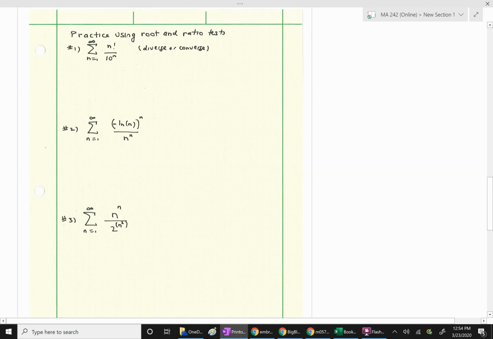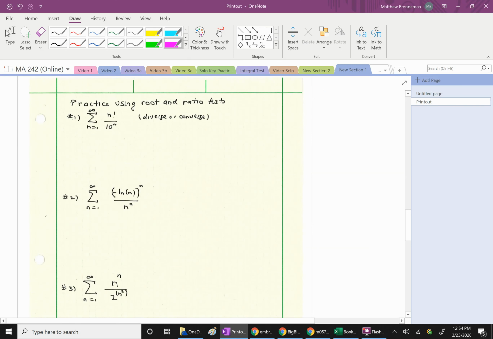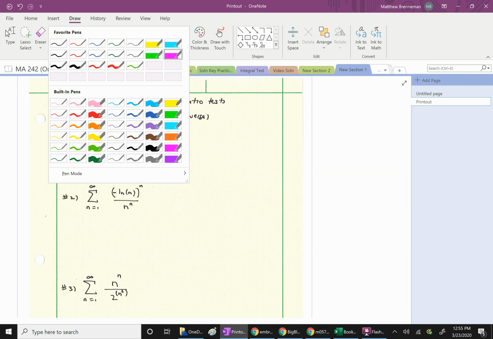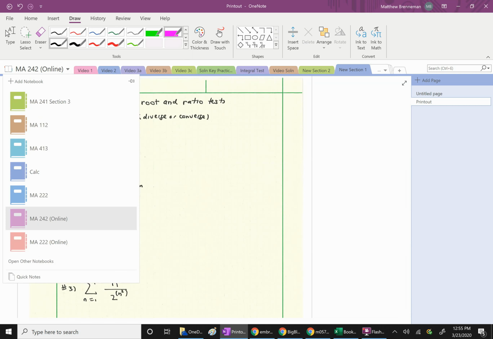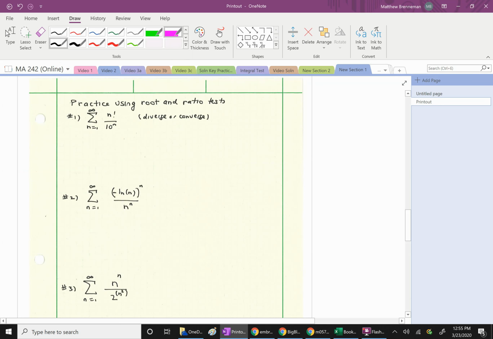Okay, so let's go ahead and try a few of these. One of the things I want to emphasize, because I know that this is a problem for a lot of people, is how we want to write out the solution. First thing I want to do is think about what these terms are like. So I have a_n equal to n factorial over 10 to the n.